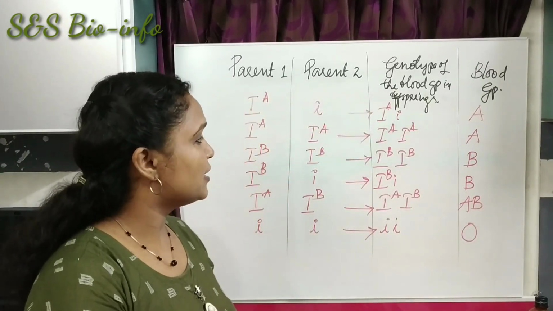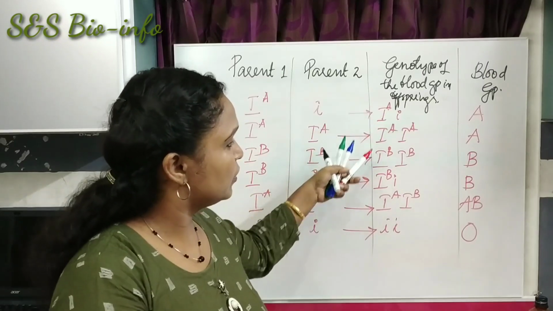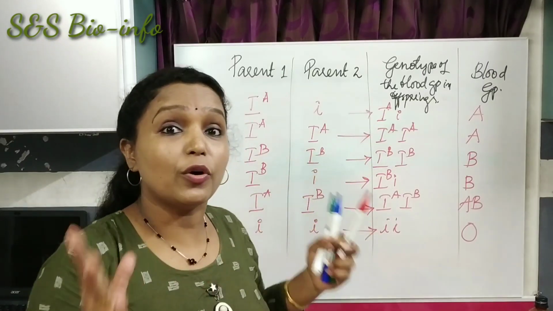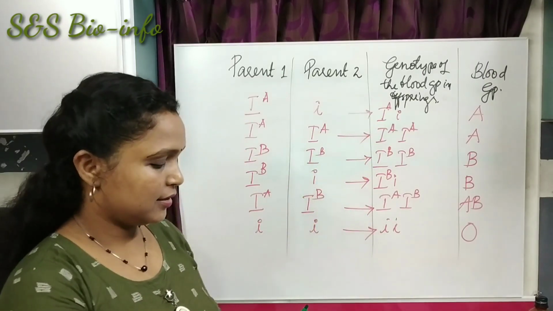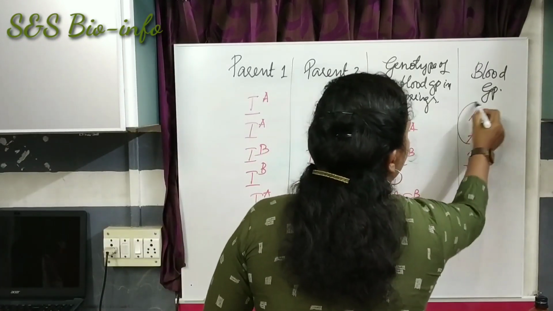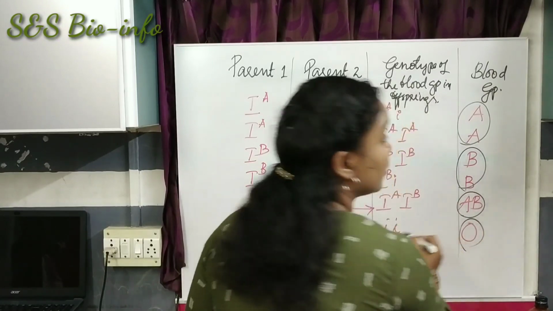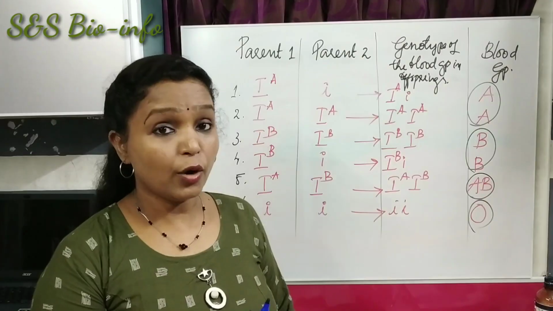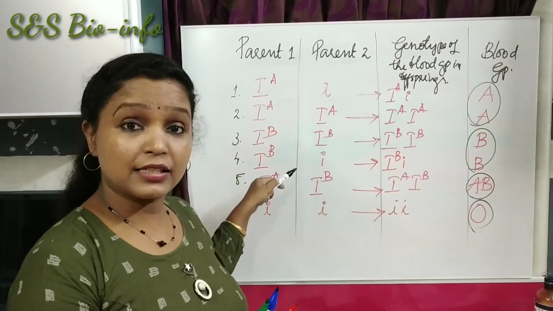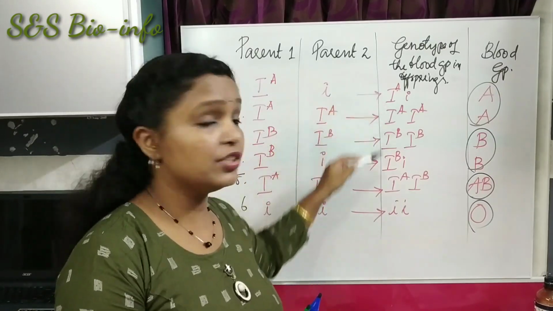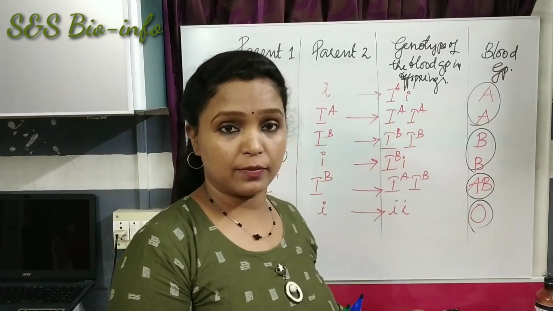Here you can see 6 genotypes and only 4 phenotypes. Six situations created 6 genotypes and 4 phenotypes.